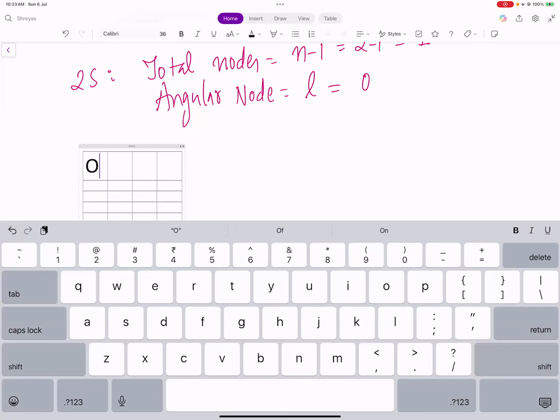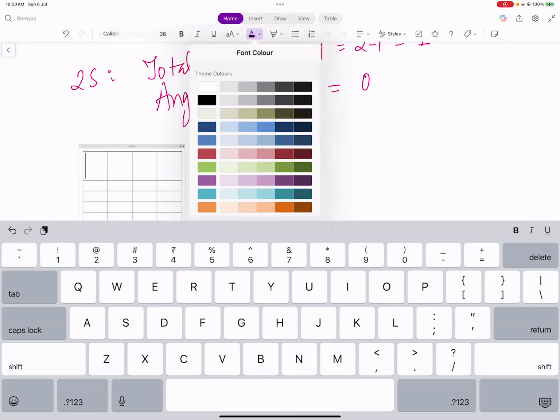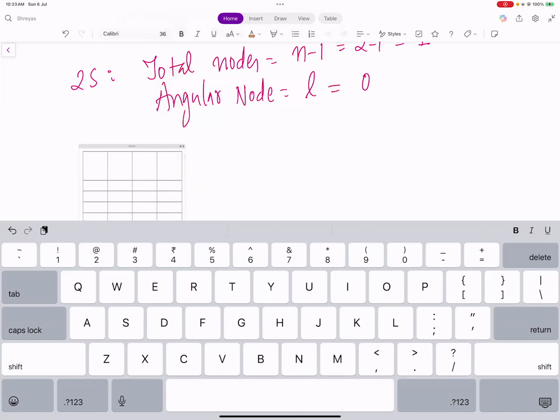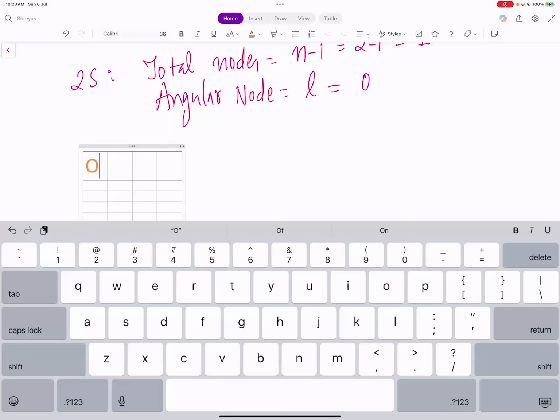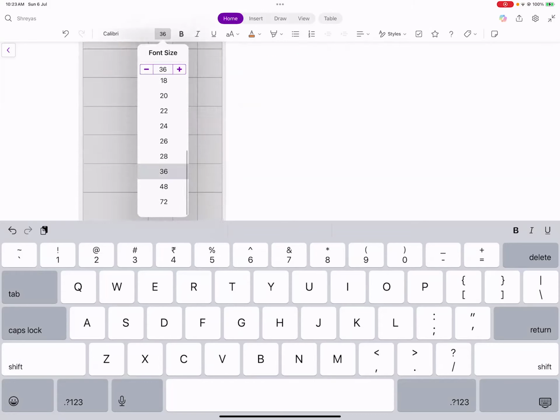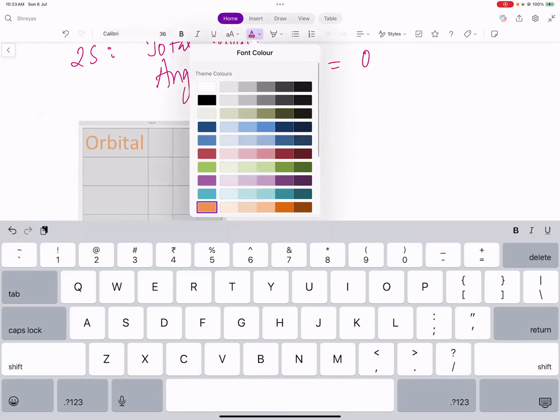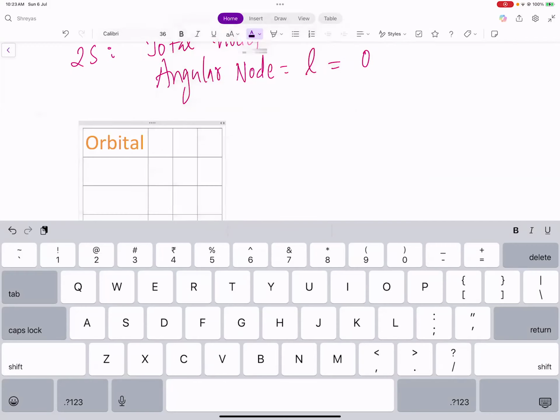So orbital. Okay, let's have some colors here. Orbital. Total. Oh, great, every time I have to. Select on table.